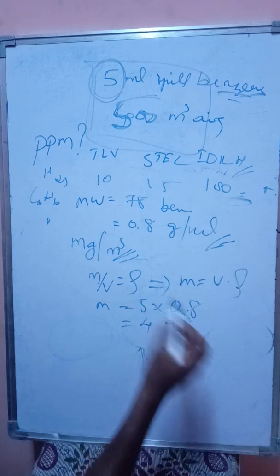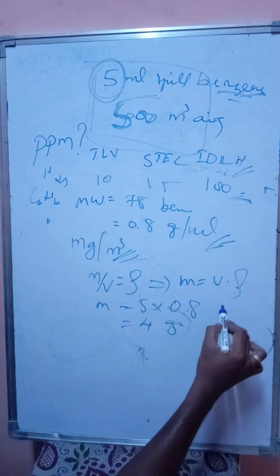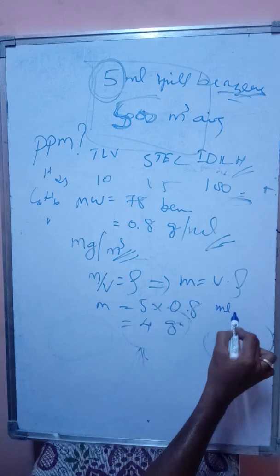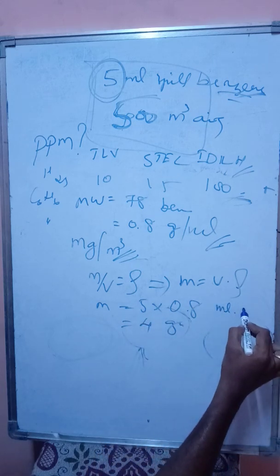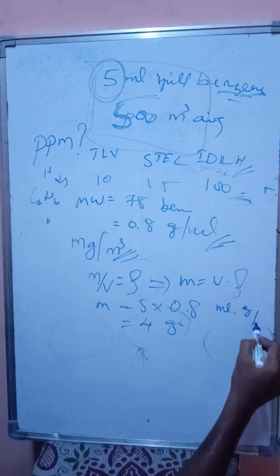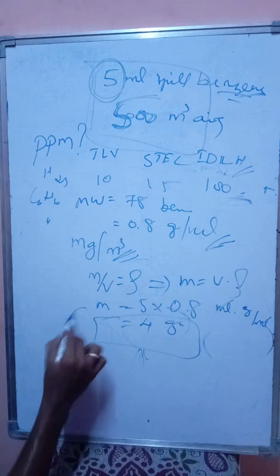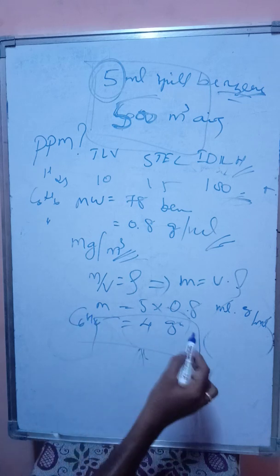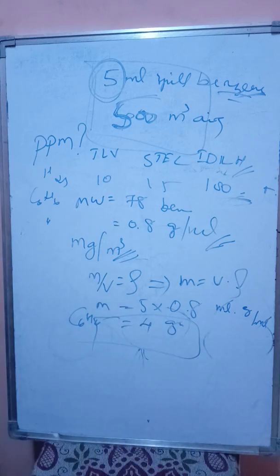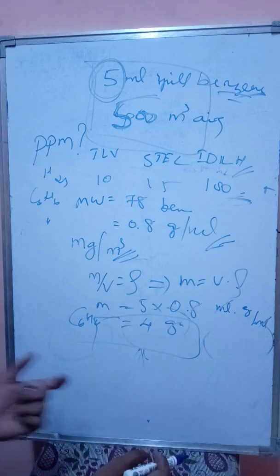You got 4 gram of spill in that laboratory of 500 meter cube. So now you got the mass of the spillage.